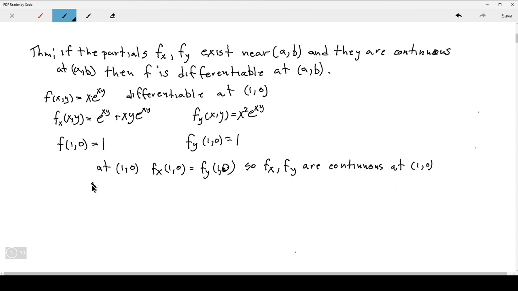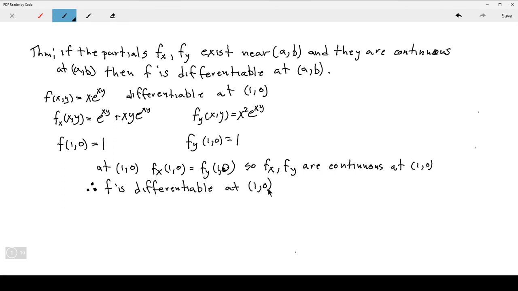Therefore, I showed you that little thing for therefore, right? Therefore, f is differentiable at 1, 0. Remember, everything is at this point here, okay? At 1, 0. So what that means is I can calculate the differential.